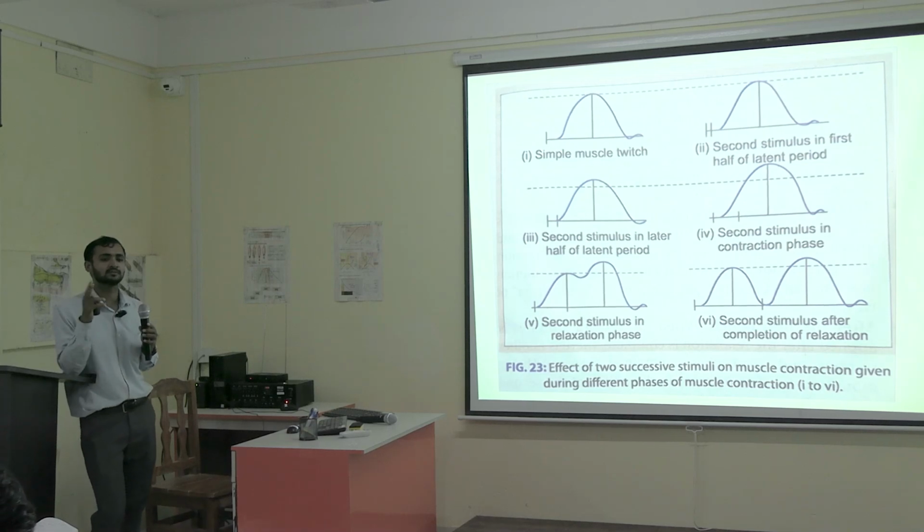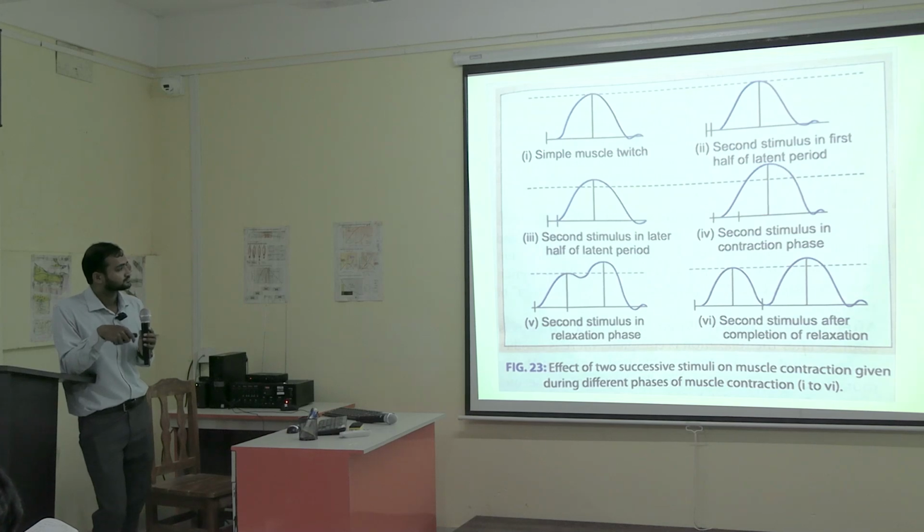It will depend on the distance of the arms. So if it is close, it will be close to the latent period. If the distance is gradually increased, the second stimulus will also be shifted, like into the contraction phase and the relaxation phase.